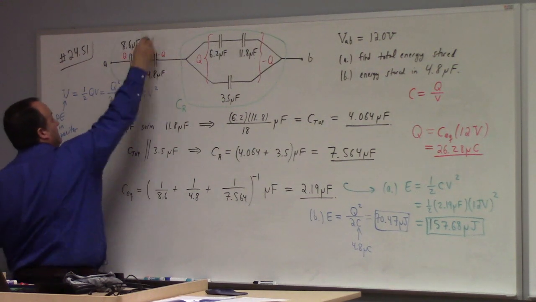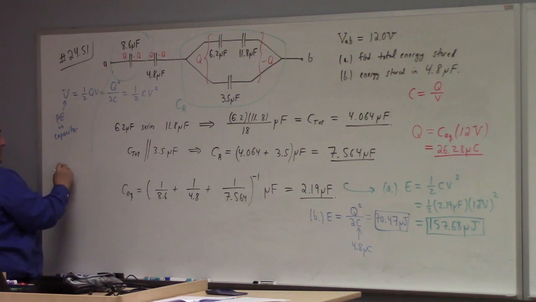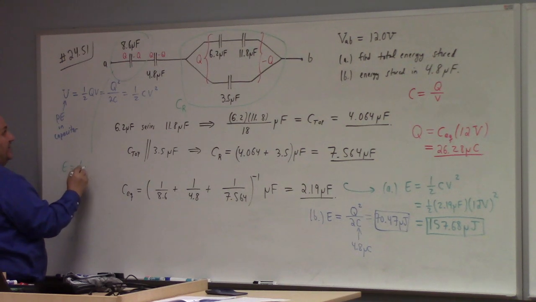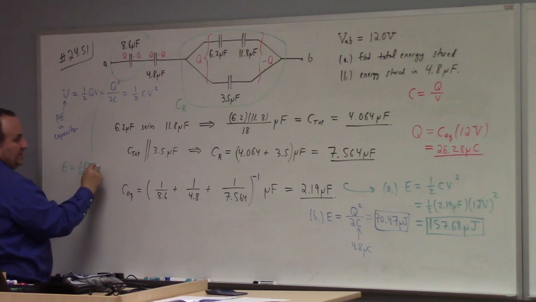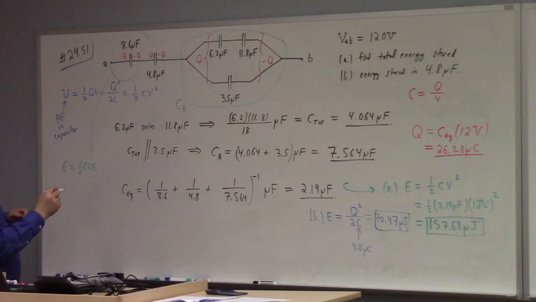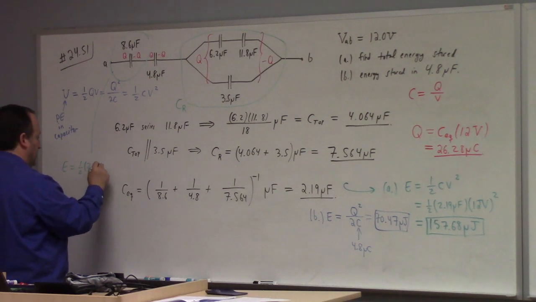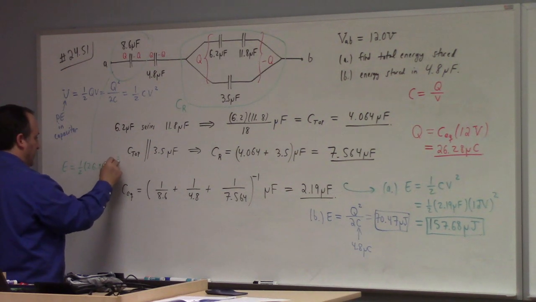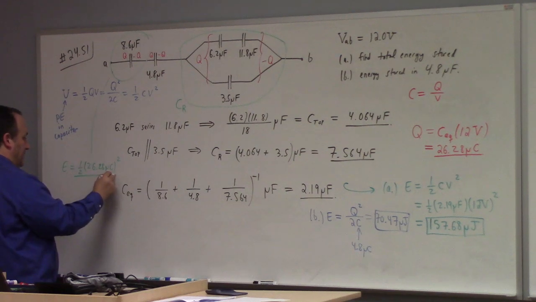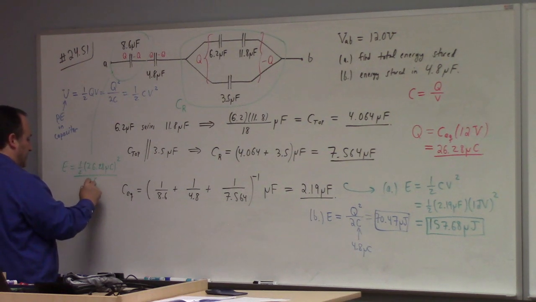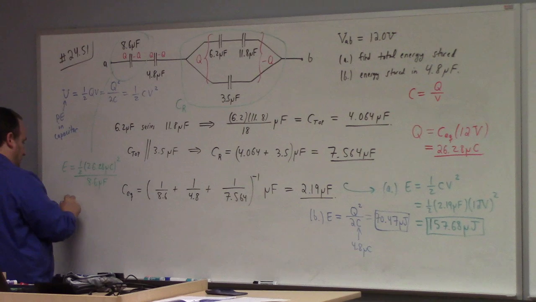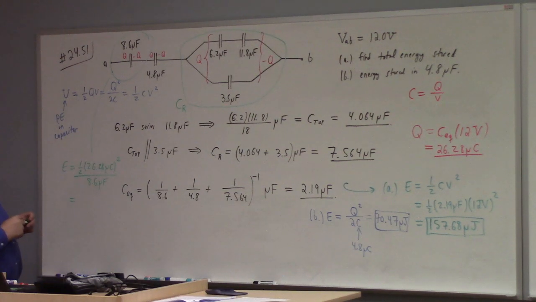So the energy on this one, you could just do 1/2 times 26.28 microcoulombs, square that thing, and divide by your 8.6 microfarads, and whatever that would be. That is true.